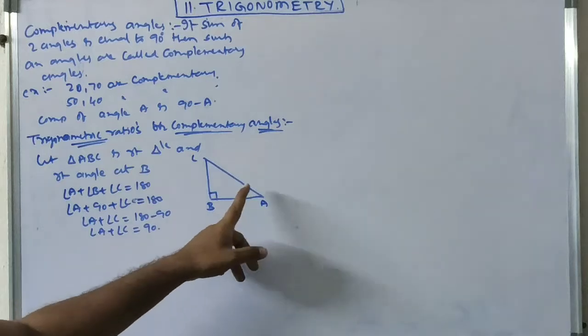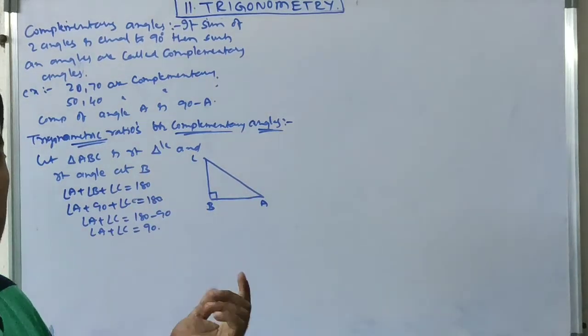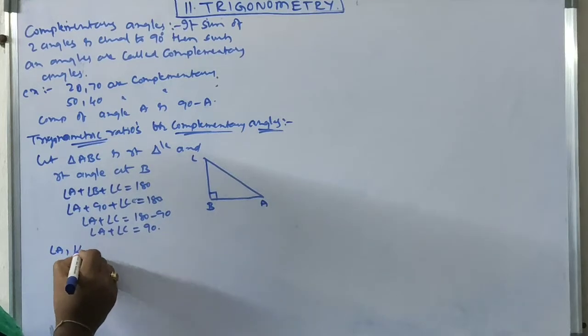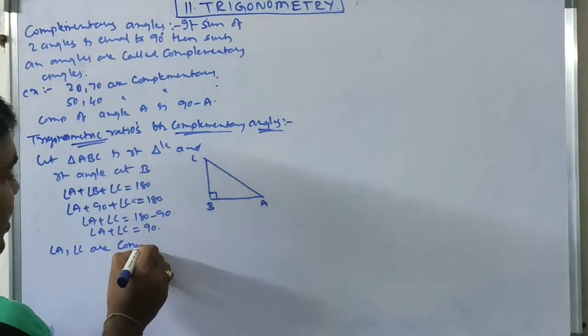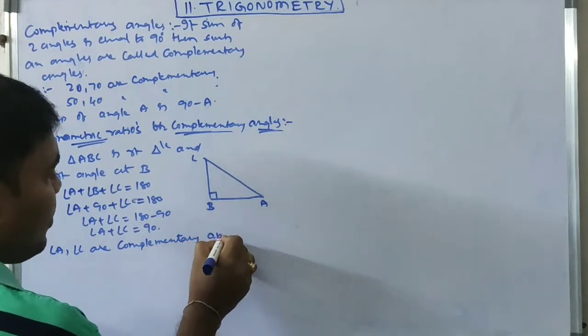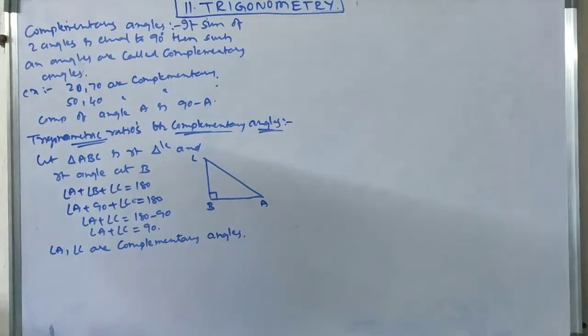So the sum of angle A and C is equal to 90. Angle A and angle C are complementary angles.